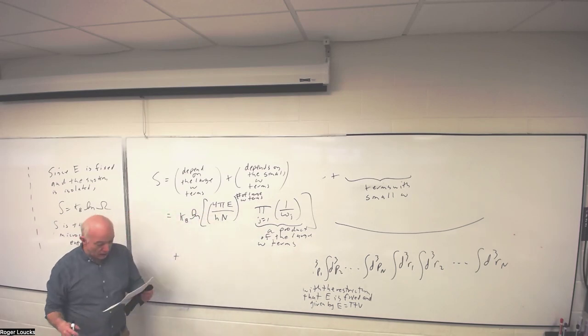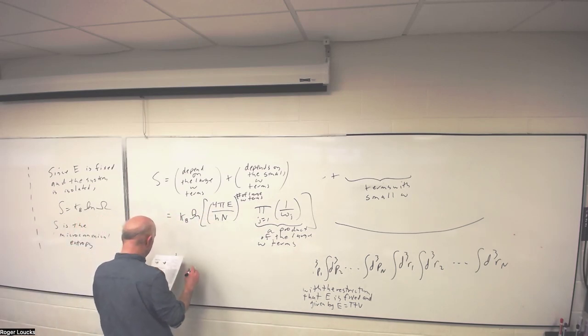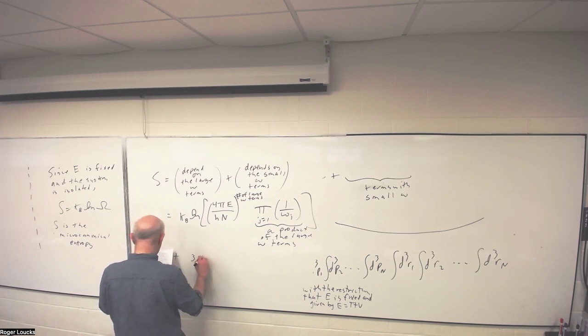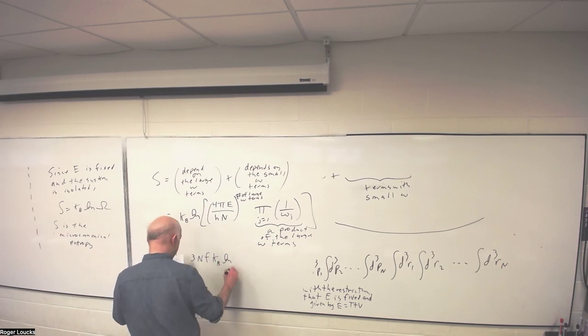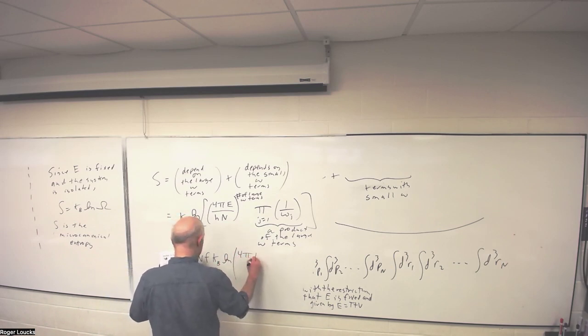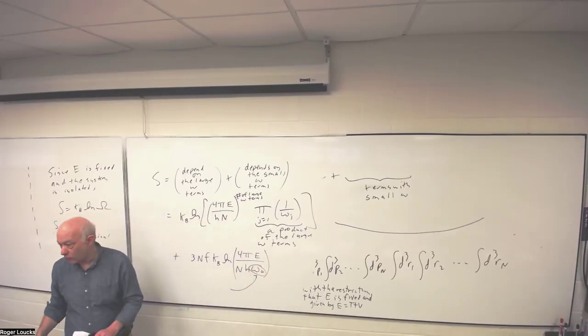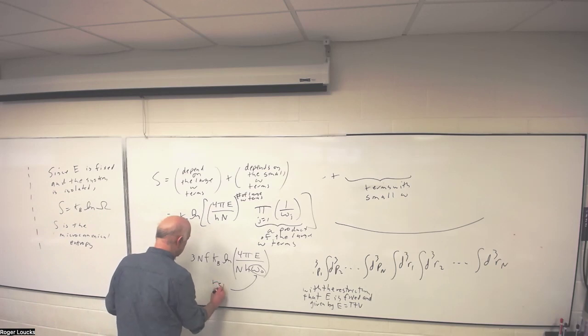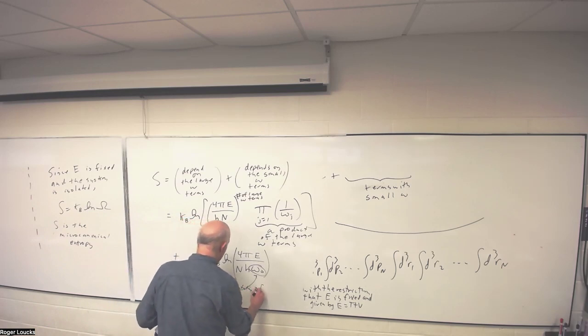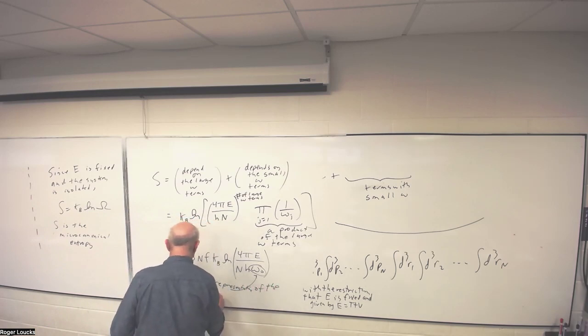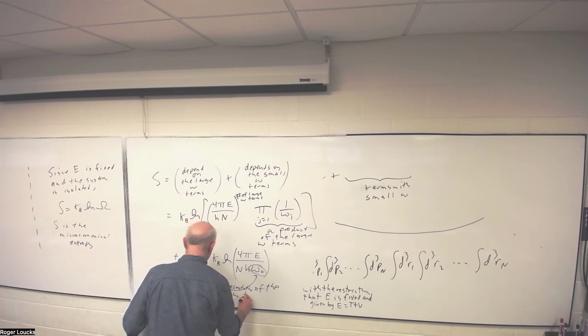Plus something that looks a lot like this, but not quite. So this is going to be 3N F kB log 4 pi E N h omega naught. This omega naught is representative of the small omega terms.